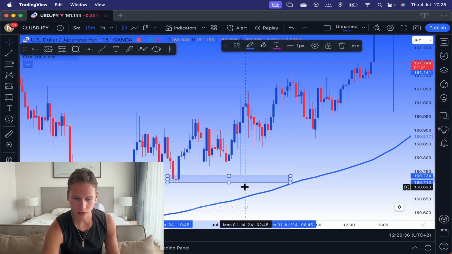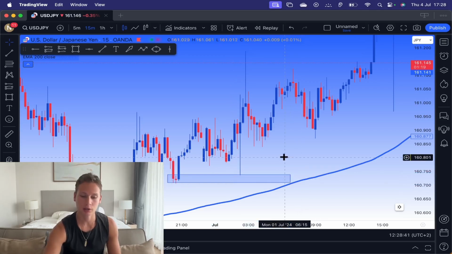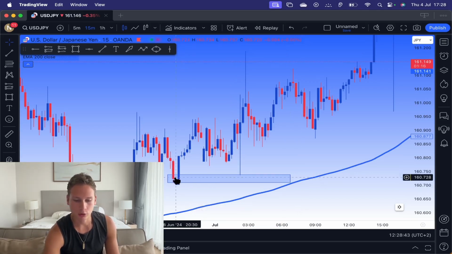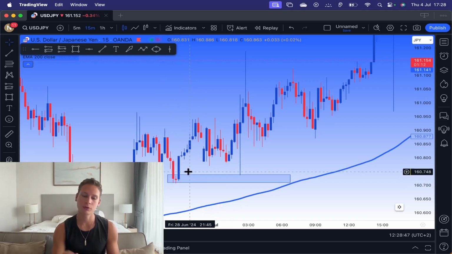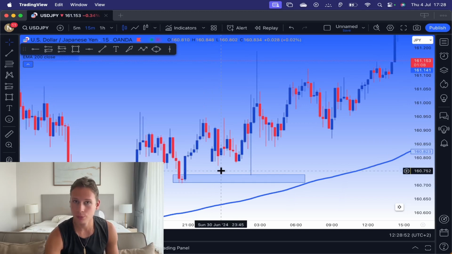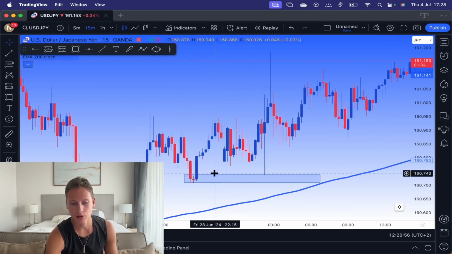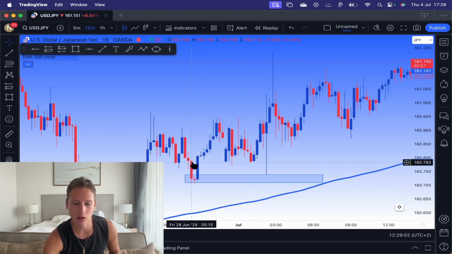A demand zone is an area or a zone in a chart which has a significant push up or down before the zone. So when you see an opposite color like this, this one is red, this one is blue. In normal charts it's green and red, but I just like this layout.